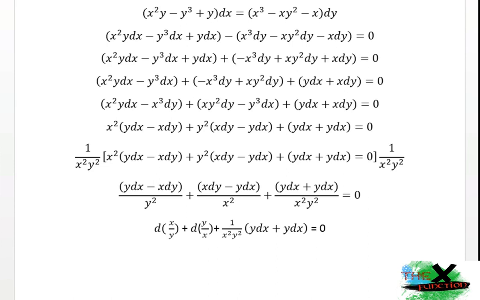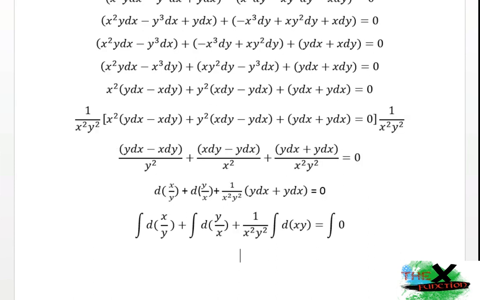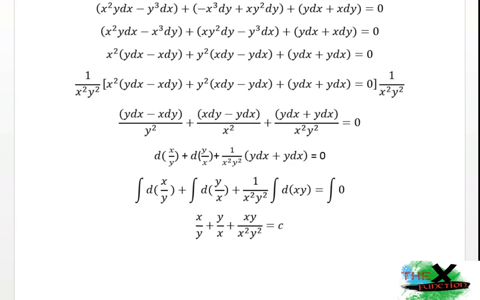Next, proceed to the integration process. So we have the integral of d of x over y plus the integral of d of y over x plus the integral of 1 over x squared y squared times d of xy is equal to the integral of 0. So we have x over y plus y over x plus the integral of d of xy over x squared y squared is equal to c.